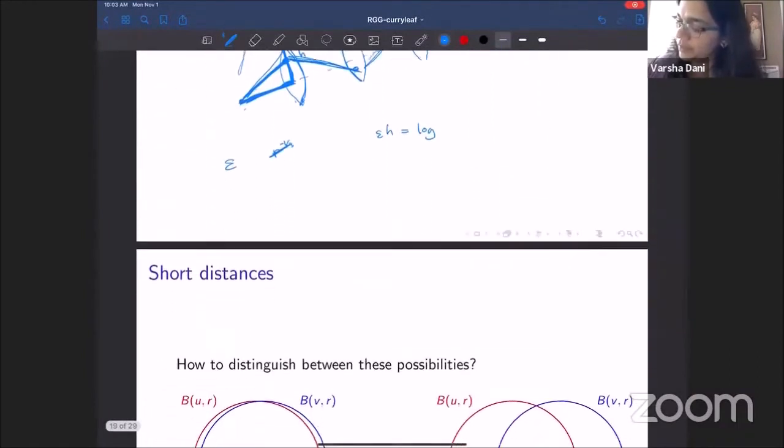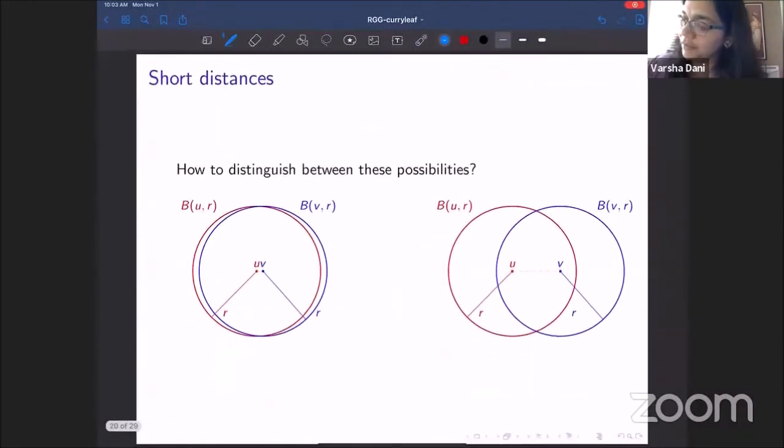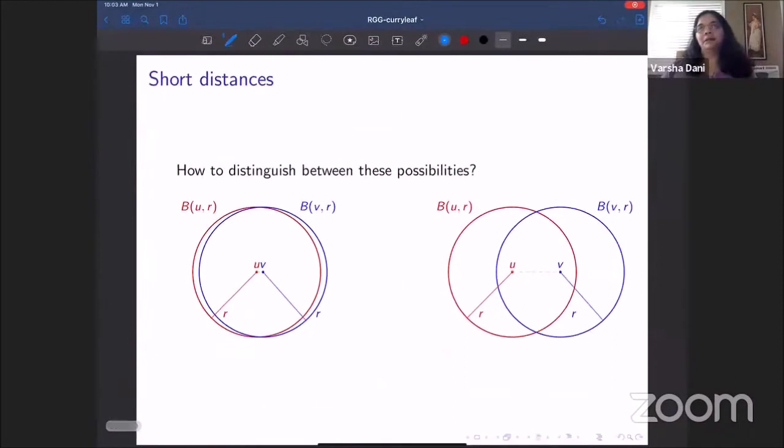So in other words, this approach gives you an error of order r, but additionally, the error of order r might be fine when it's really long distances, when you're talking about points at this corner and that corner. But look at these two possibilities.